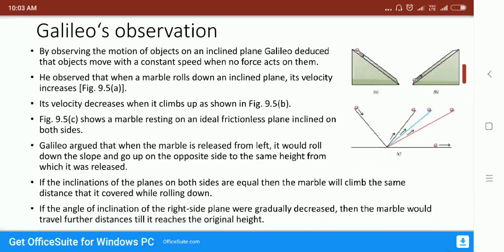Here an inclined surface is given. While a marble is rolled down the inclined plane, its velocity increases.